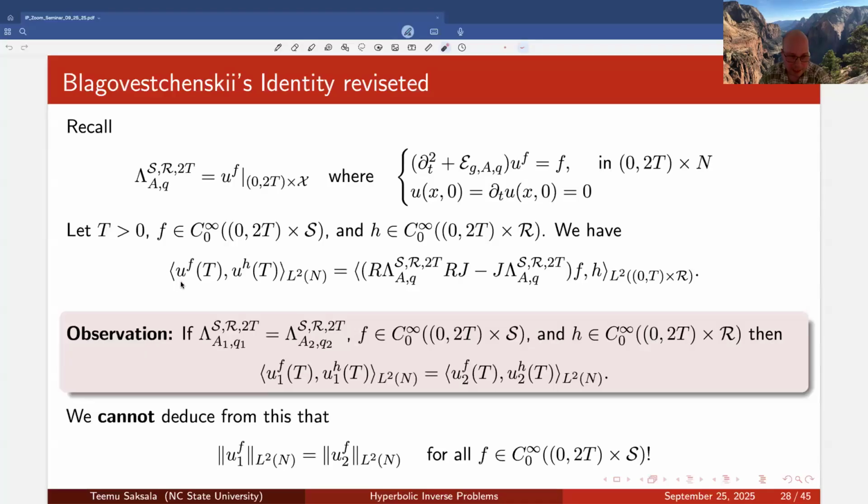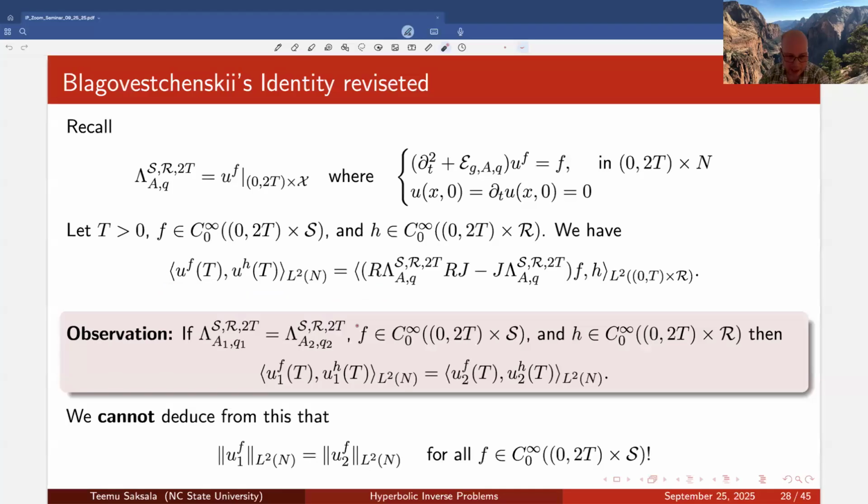But now the difference is that one of my two waves has to have a source on top of S, while the other has to have a source on top of R. Remember, in the last case I had F and H both in set S or R, but now I need to have them in these two different sets.